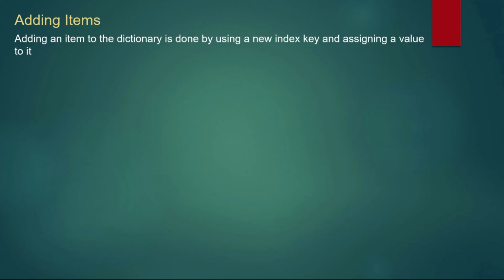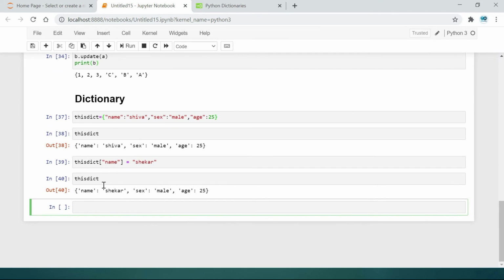And the next thing is adding an item. I want to add a new item. How? Adding an item to a dictionary is done by using a new index key and assigning a value. Before, we changed the value of a particular key; now we add a new key and new value. Let's do it. This dict, I want to add surname.